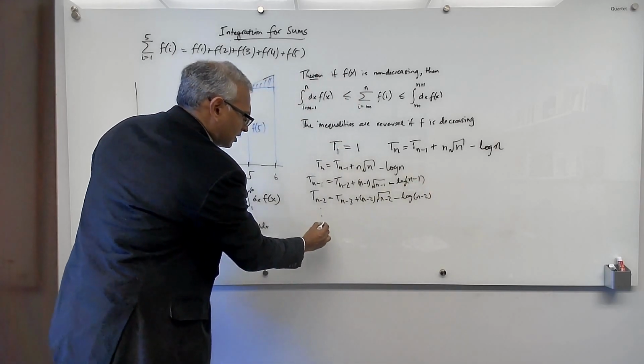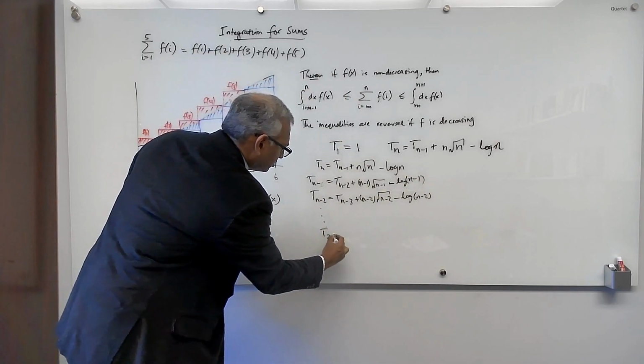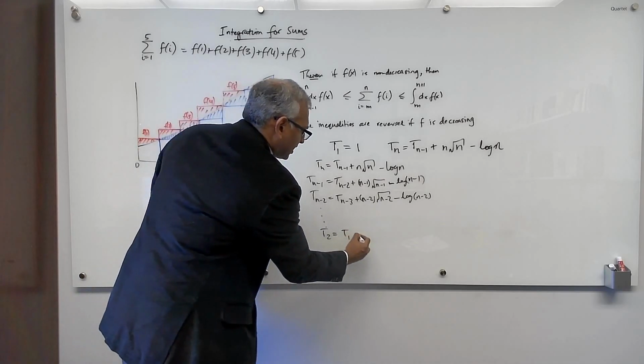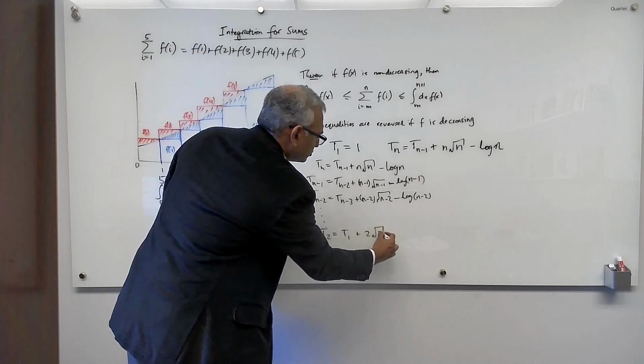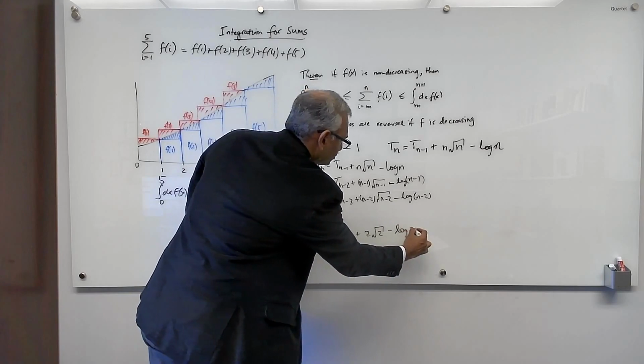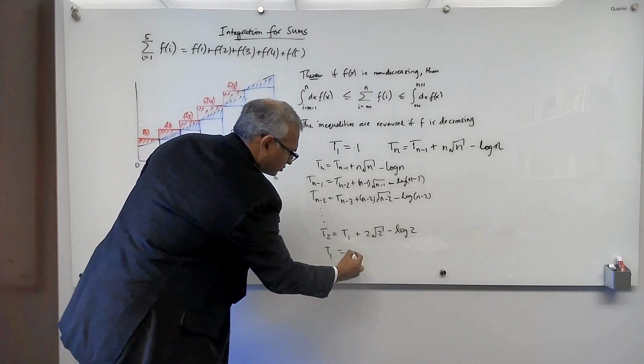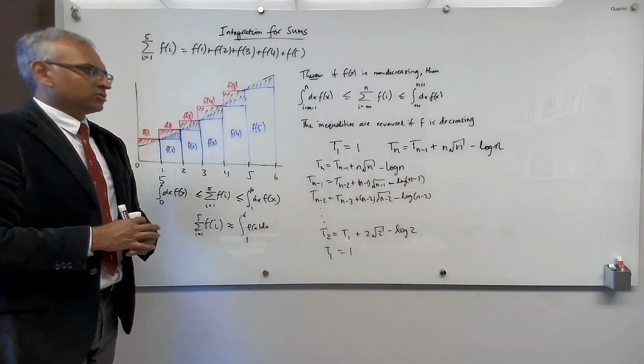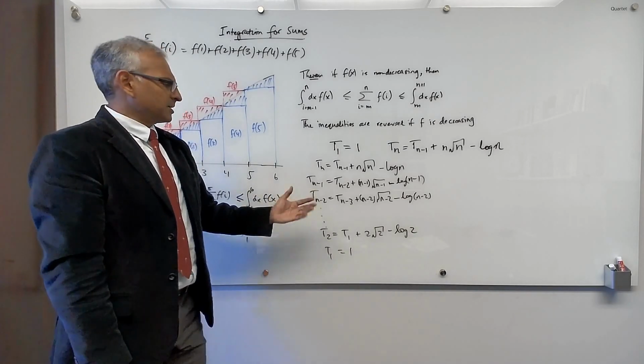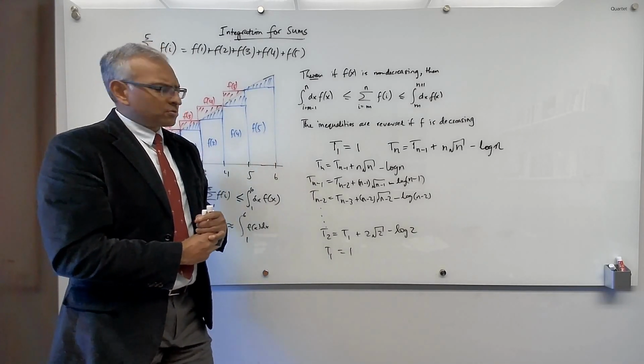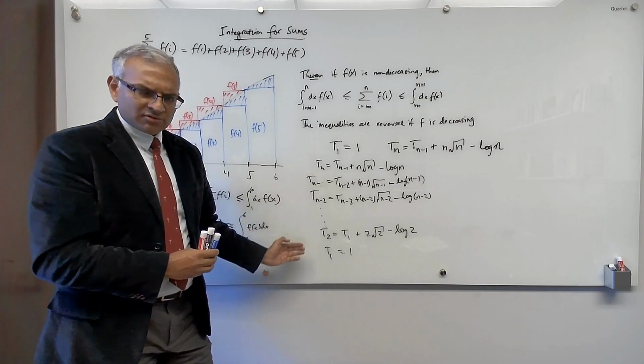And so on. Ultimately, we get down to T(2) equals T(1) plus 2 root 2 minus log 2, and then T(1) is equal to 1. So we've unfolded the recurrence. There's this dot, dot, dot, but we're not proving a formula, we're just trying to analyze and unfold.